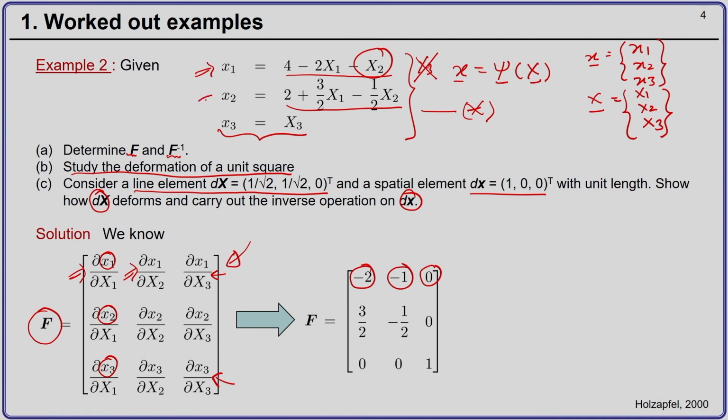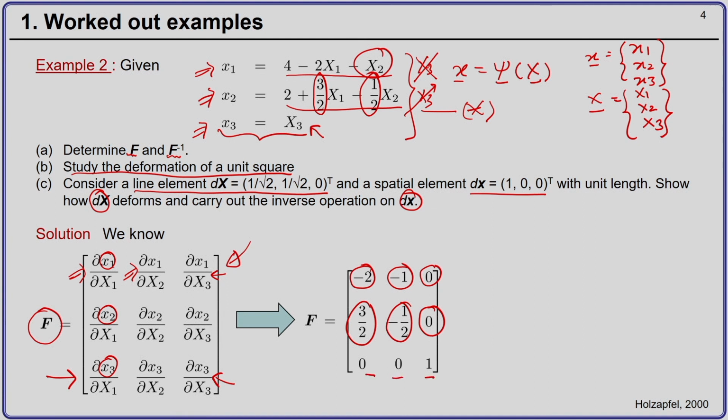Similarly, you can take the second equation and compute del x2 by del X1, which will be nothing but 3 by 2, because you have this term over here. Then del x2 by del X2 will be minus 1 by 2, which is here, and del x2 by del X3, there is no X3 term again, therefore, you will have a 0. And finally, you can find the last row of the deformation gradient tensor by taking the derivative of the last equation with respect to the material coordinates X1, X2, X3, and you get 0, 0, 1.